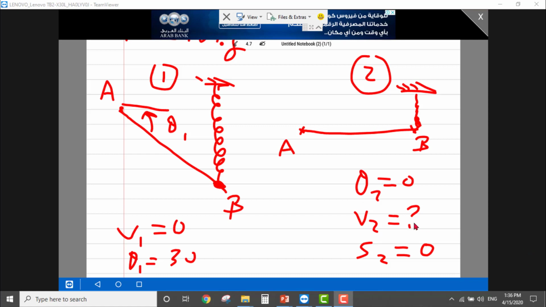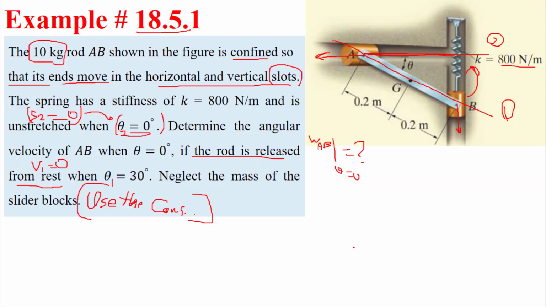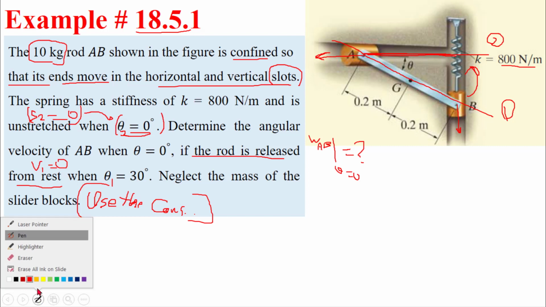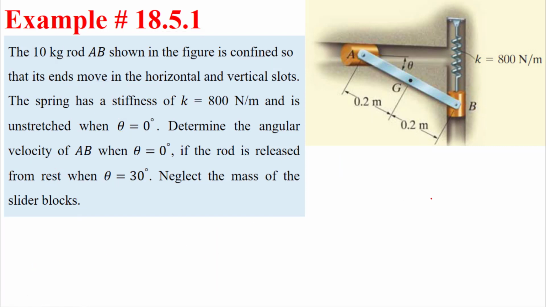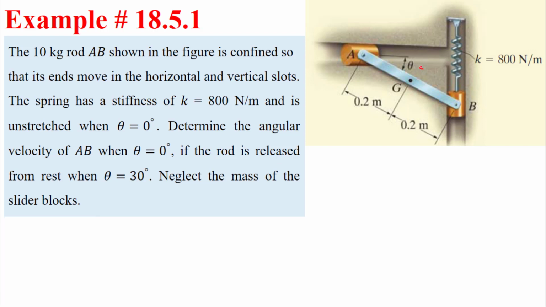Now, in order to find out S1, this value here, let me go back to the PowerPoint presentation. So here it is. Let me erase everything. At this location, let us assume that this is 30.